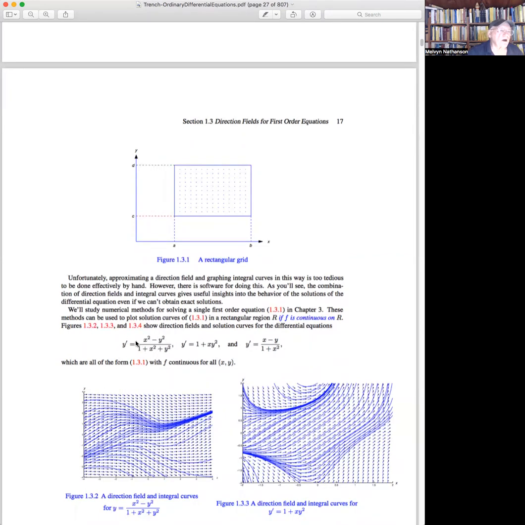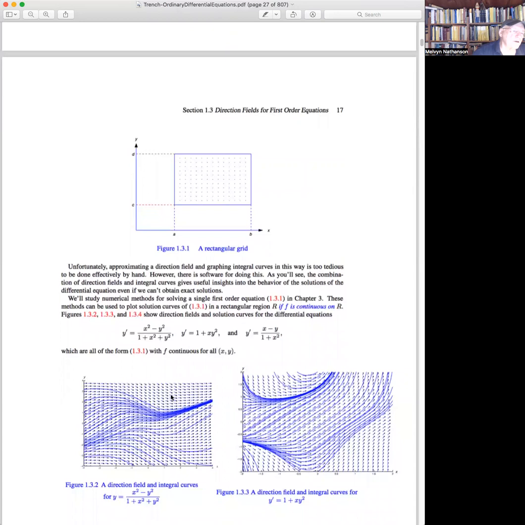We'd like to find a function y whose derivative satisfies this equation. But this also says that the slope of the tangent to the curve at the point x, y is equal to this. So at every point in the plane, you can draw a little arrow whose slope, whose direction, is this. And so you get this collection of arrows in the plane.